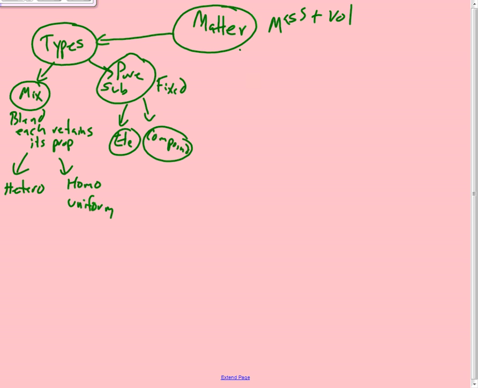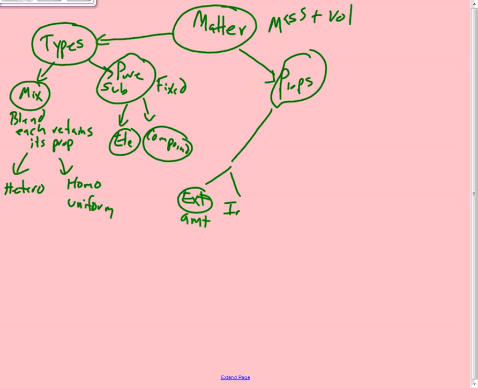Then we just wanted to talk a little bit about properties of matter. And so we had properties of matter, and we really broke these down into two general types. We said we could have extensive properties, and extensive properties relate to the amount of matter, and intensive properties relate to the type of matter.